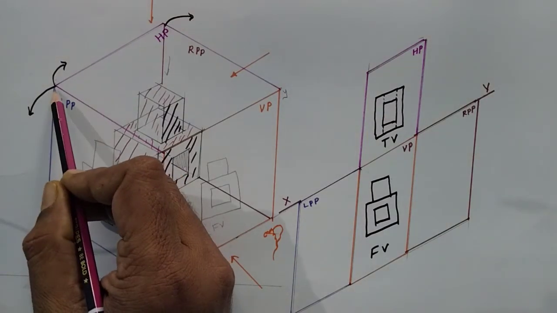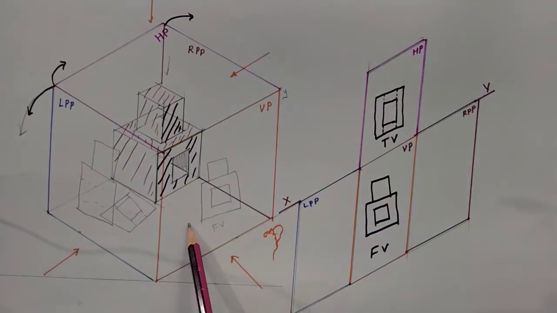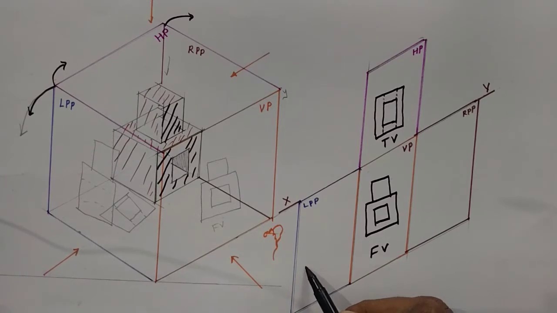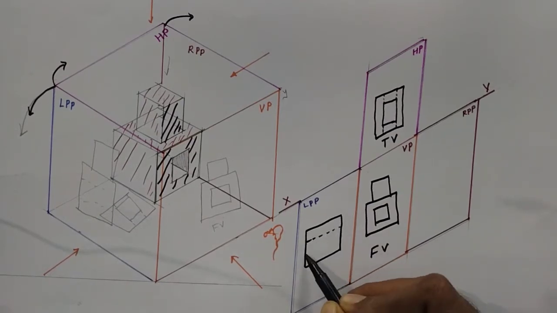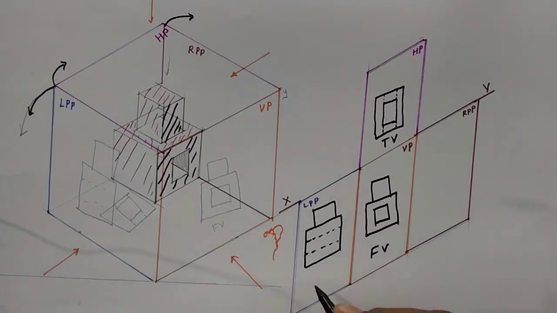Now your LHSP, left hand side profile plane, moves 90 degrees, so it is on the left side of the VP plane. So in the third angle system, your left hand side view is always on the left side of the elevation. Remember this always. In third angle system, the left hand side view of the object is always drawn on the left side of the elevation.